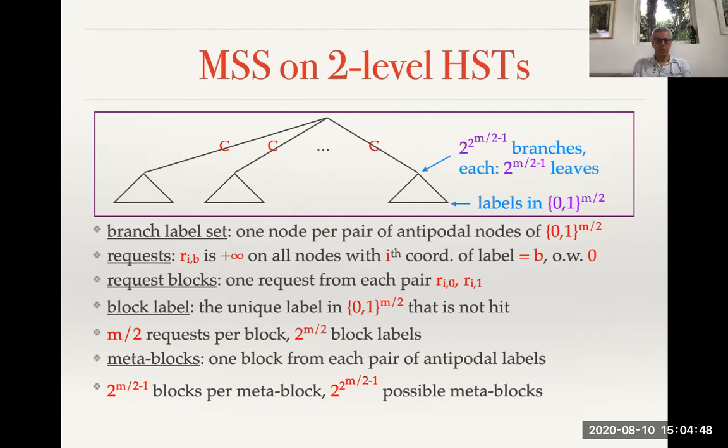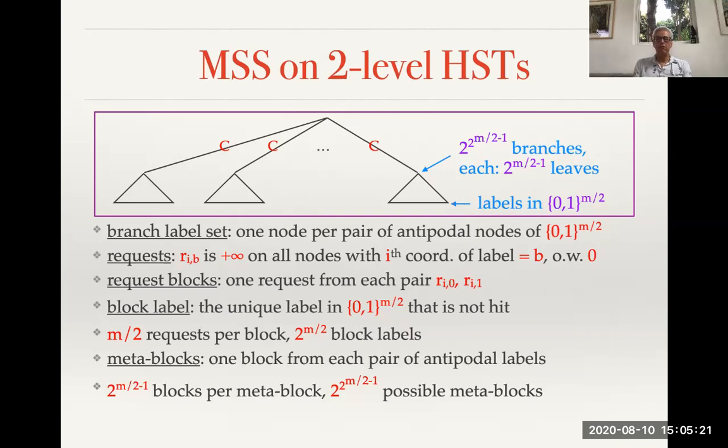The requests will be indexed by pairs I, B. I is just a coordinate of the m over 2 binary cube, and B is a bit, either 0 or 1. And the request RIB is going to have a value of plus infinity on all the leaves that have their ith coordinate equal B. And otherwise, the cost will be 0.